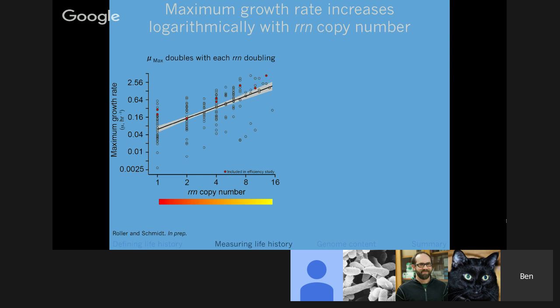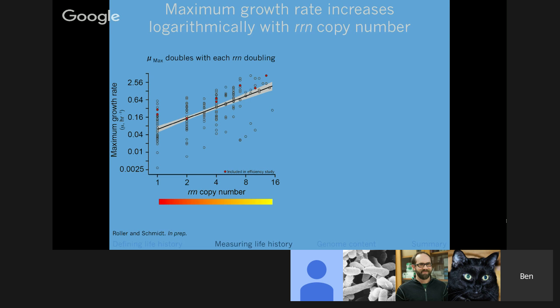And we see the same trend that we saw with my data indicated in red, that on average, you get an approximate doubling of maximum specific growth rate in any environment with the doubling of rRNA operons in the bacterium's genome.